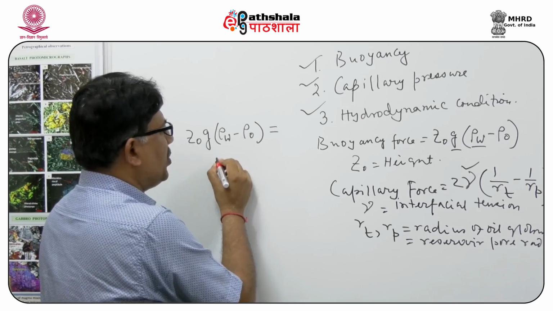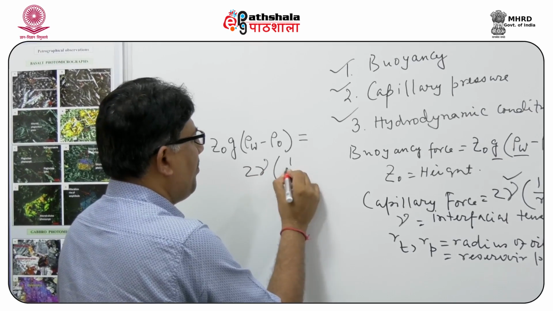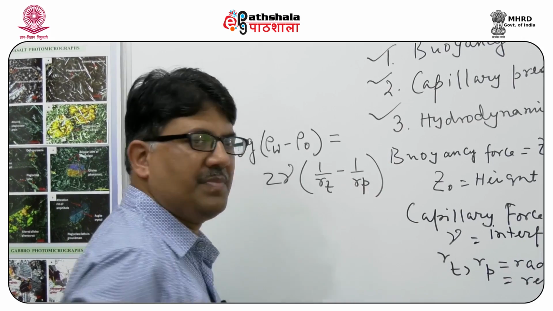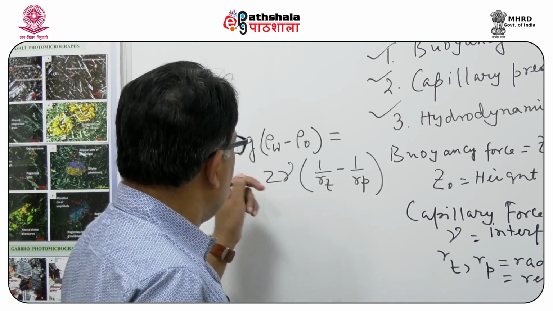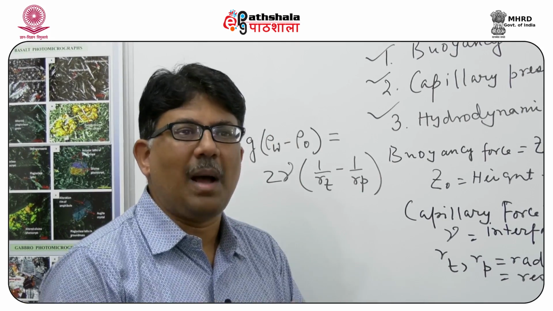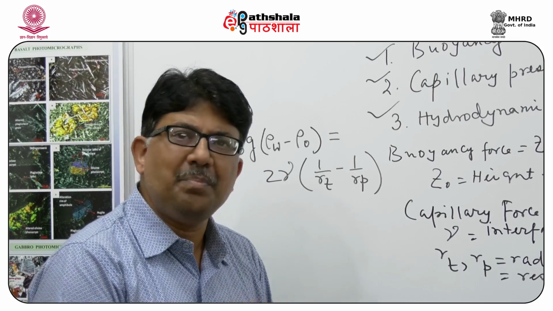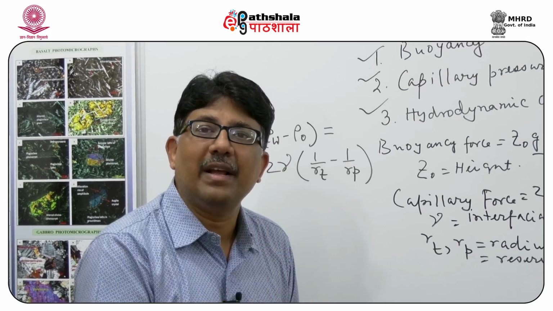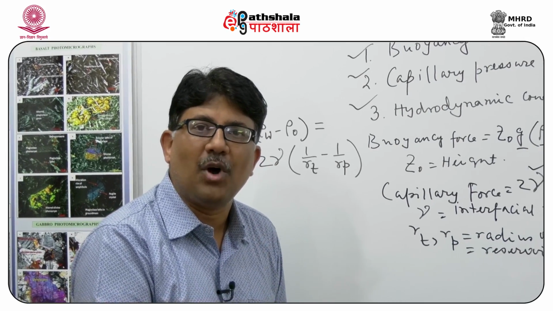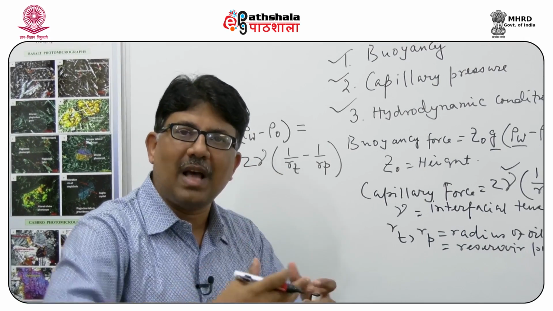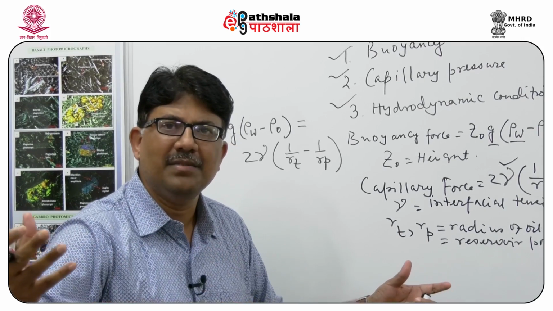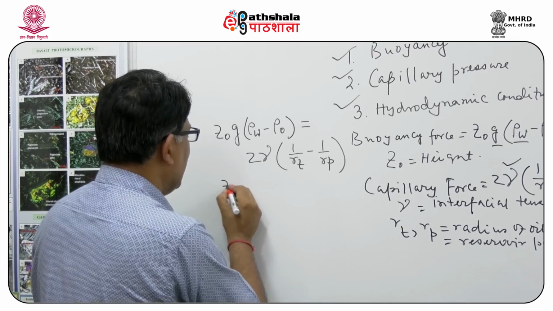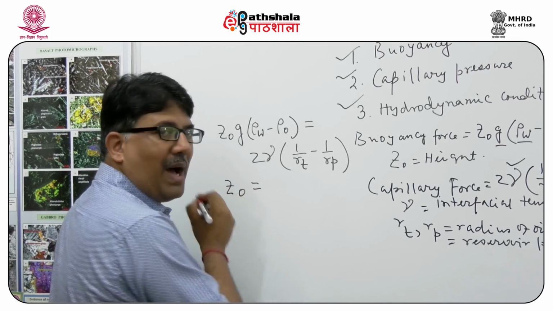This will balance when you come to equilibrium, and then the maximum height an oil globule or petroleum component will rise within the hydrostatic pore water condition is given by the buoyancy effect.